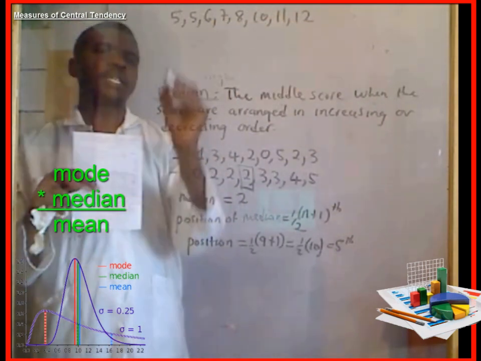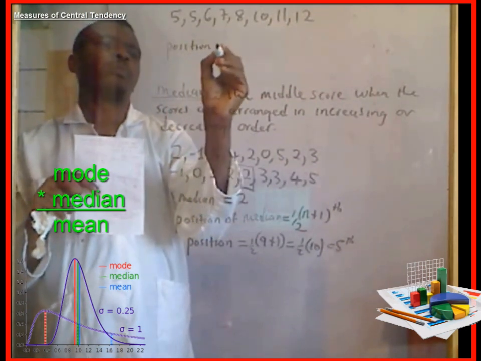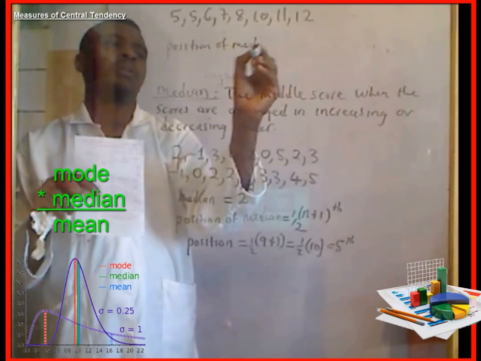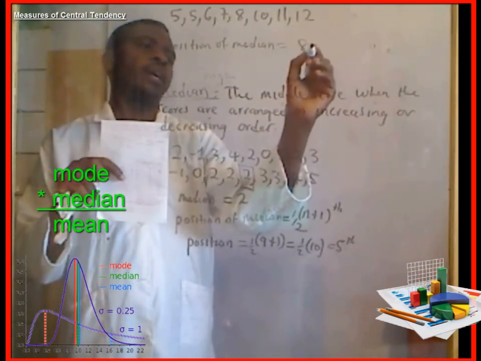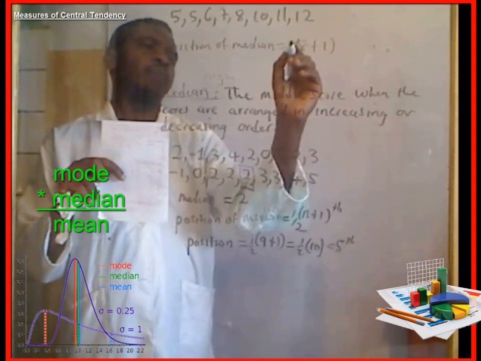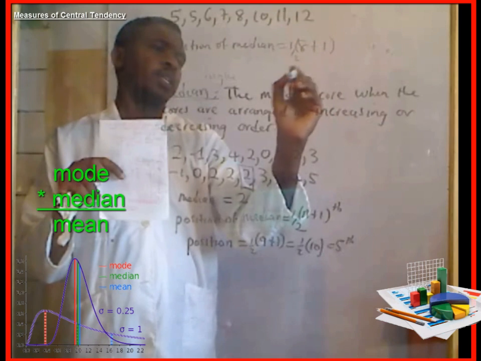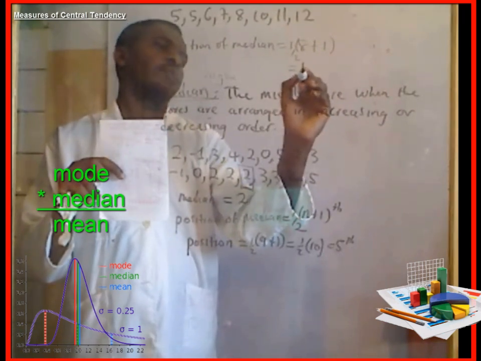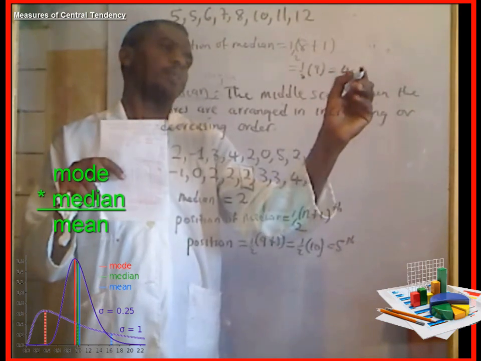So my median position will be the term at the 8 plus 1 times half position. So this will give me half of 9, which is equal to 4.5.